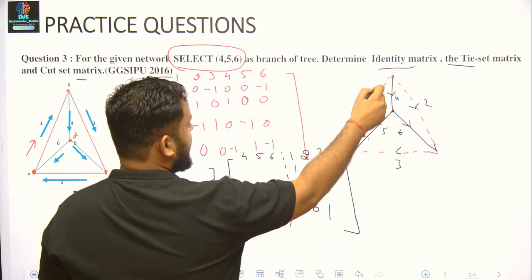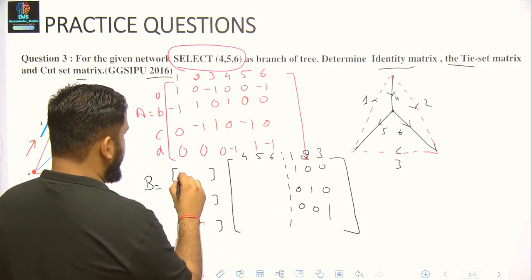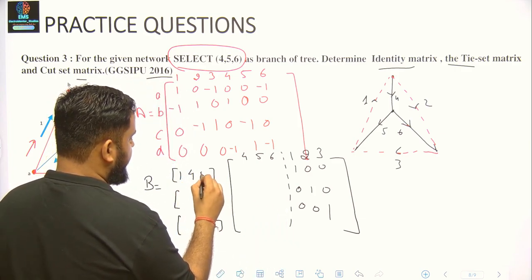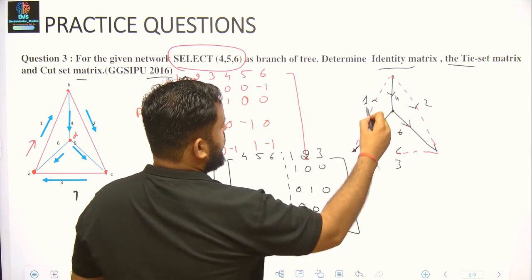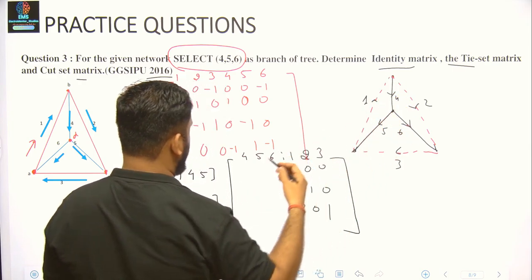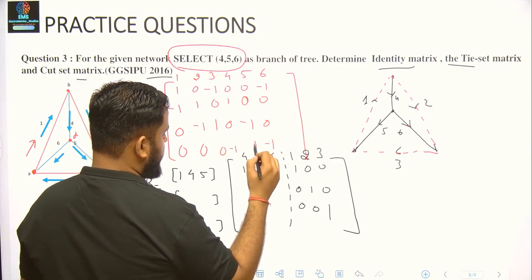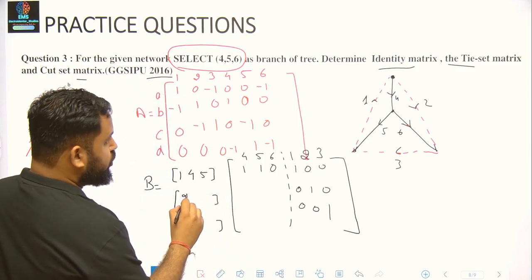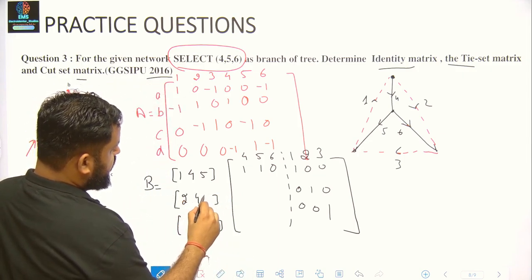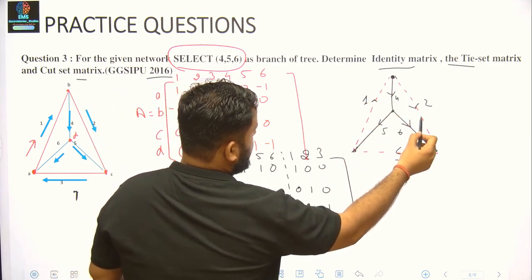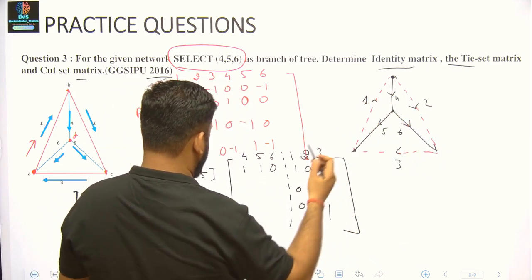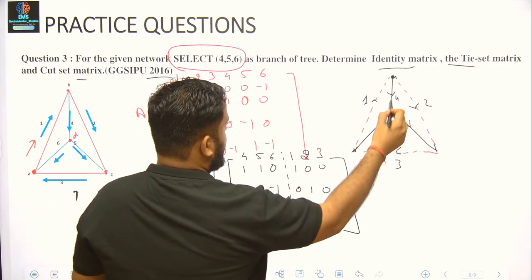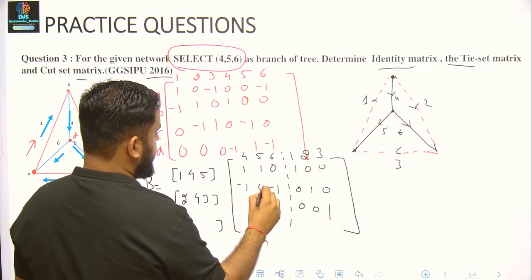If I connect my first link, my loop will be 1, 4, and 5. So I'll start from this point. 1, 4 is also in favor, 5 is also in favor. Next I'll have 2, 4, and 6. I'll go in this direction. 2 is in favor, 6 is not in favor, 4 is certainly not in favor.